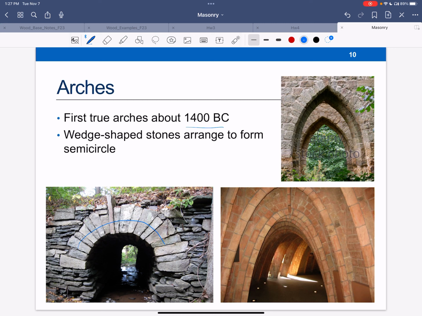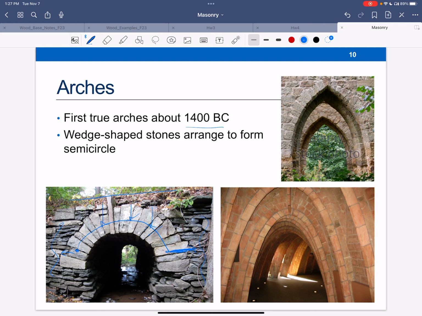Throughout here, this stays together even without mortar because it is in pure compression. As the loads come down, the arch wants to push out in this direction, but it's being held by the walls here. The arch ends up being all in compression, and it's resisted and held into place at these ends.